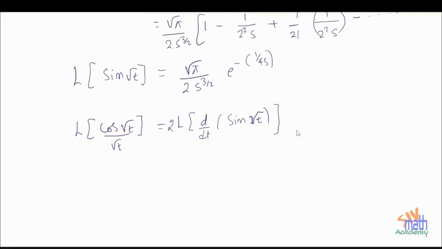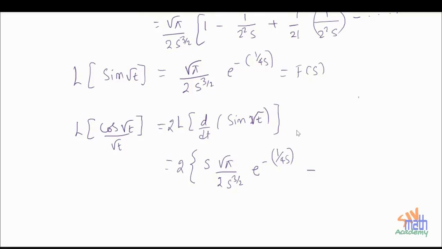So which is equal to 2 times bracket open. This is s into f of s, this is going to be f of s for sine root t. So that is root pi upon 2 times s power 3 by 2 e power minus 1 by 4s. Okay, this is s f of s minus small f of 0.